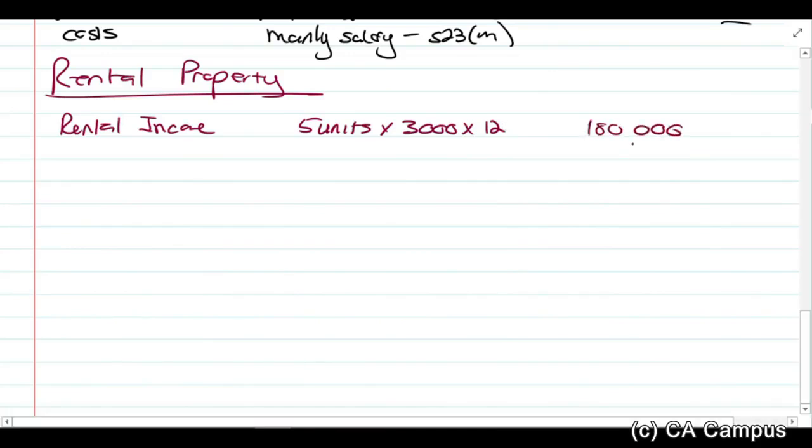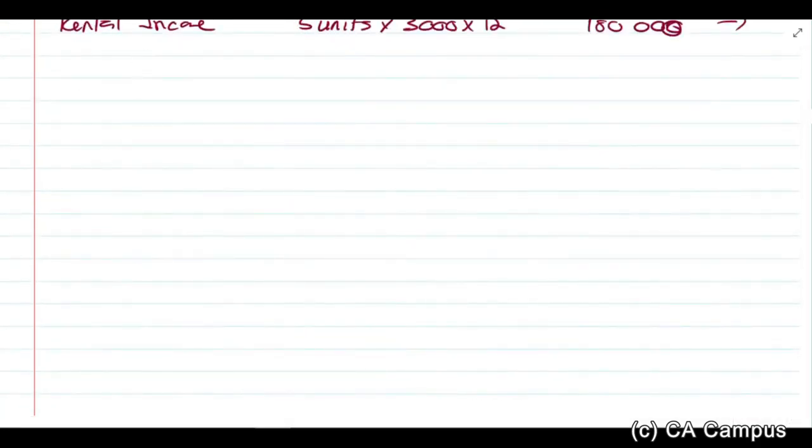I'm just putting it in here at this point in time, and you could have also put it into your gross income amount already there. I'm just going to use this for a quick explanation in a short while, so you'll see me coming back to this. Okay, so now we can deduct all of our costs from this.